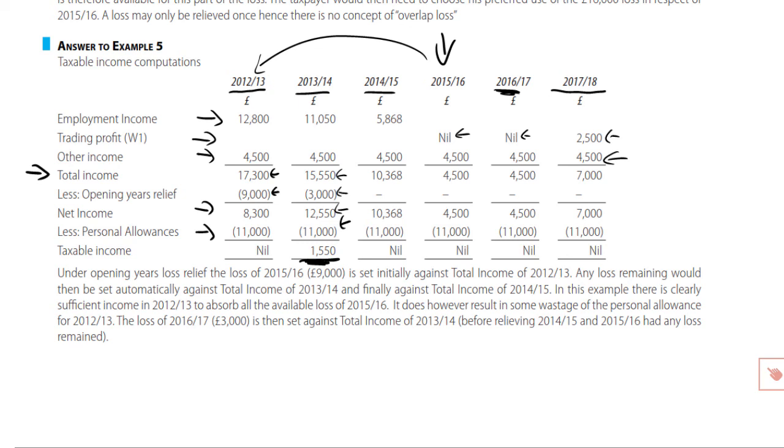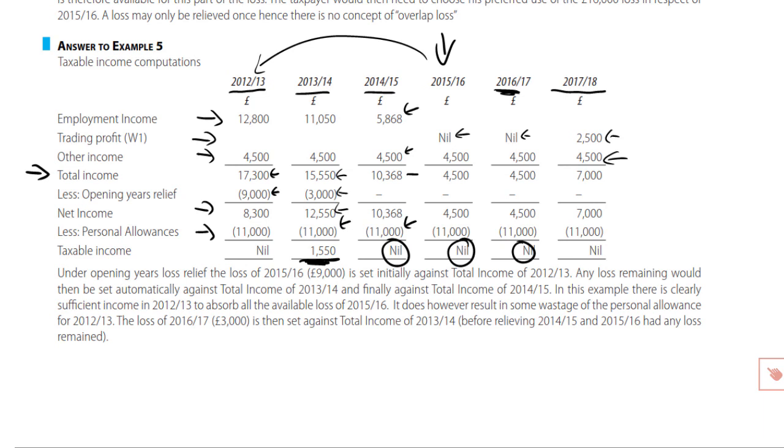14/15, you packed in employment halfway through that year, so you got a reduced employment income. When added to your property income there, gives you only 10,368, more than covered by the personal allowance, so again a nil assessment. In 15/16 and in 16/17, nil assessments. The property income is only 4,500, so the total and the net income is 4,500, covered by your personal allowance, so nil assessments there.